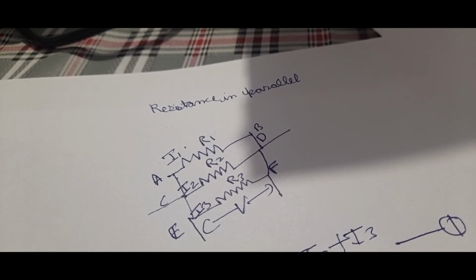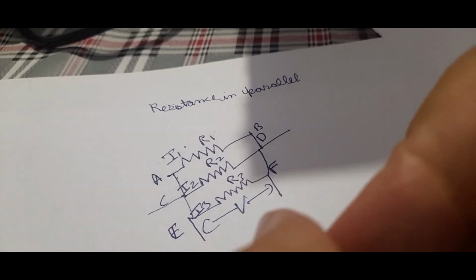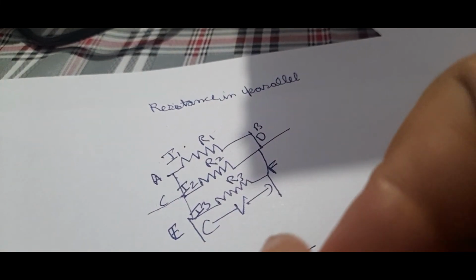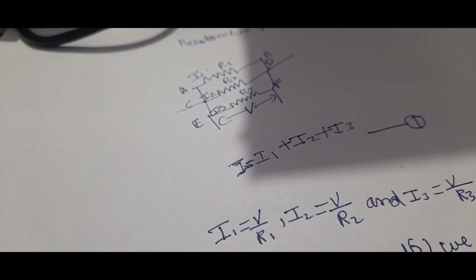The total current I fed into the system is divided into I1, I2 and I3 flowing through the various conductors. What will be the equation? I will be equal to I1 plus I2 plus I3.